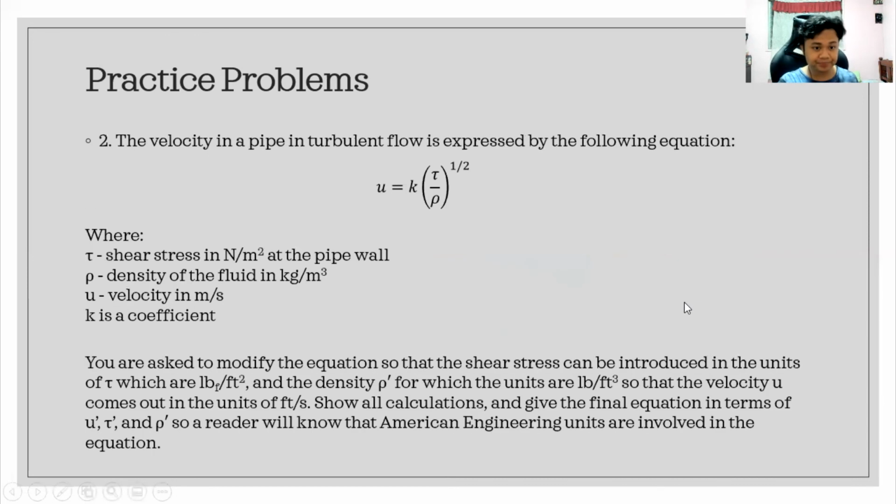And for the last problem, because I am only giving you two practice problems, the velocity in a pipe in turbulent flow is expressed by the following equation: U is equal to K times the square root of tau over rho, raised to 1/2.